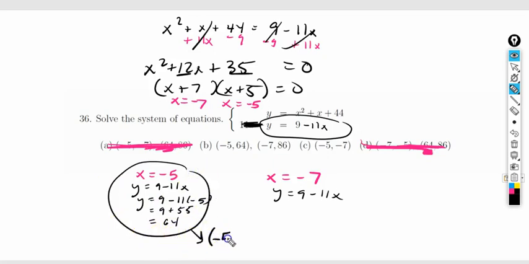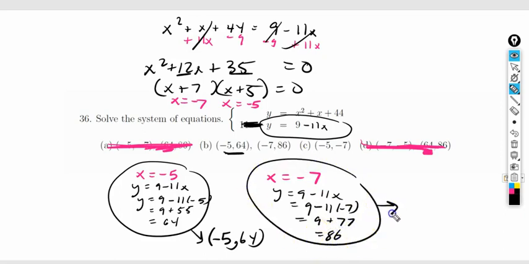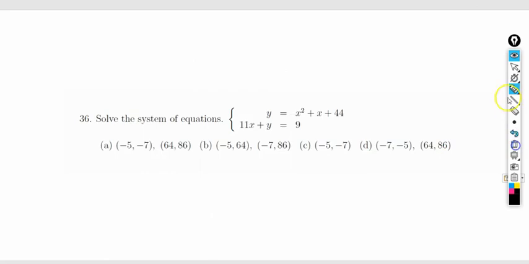Its x coordinate is -5. Its y coordinate is 64. And same thing here. I'm going to have minus 11 times -7, which is going to be 9 plus 77, which is 86. And so I get an intersection point. Its x coordinate is -7. Its y coordinate is 86. The answer is B. The answer to number 36 is B.